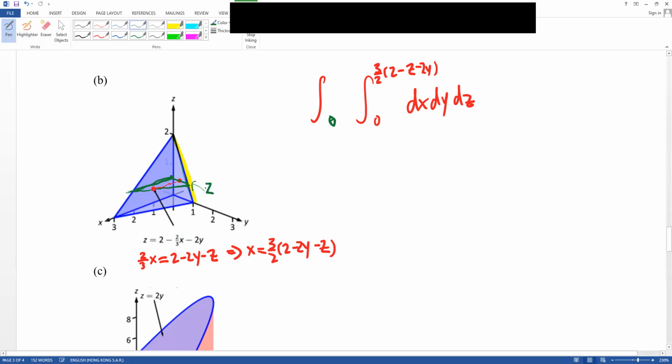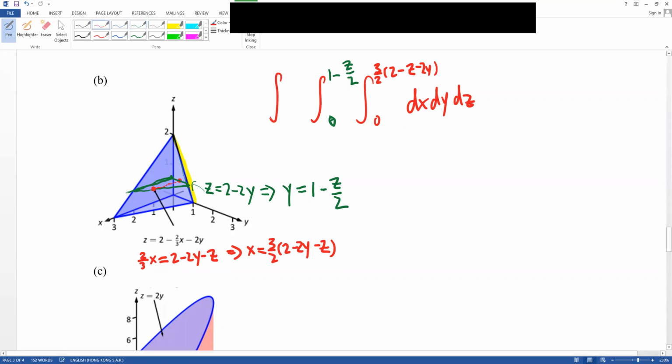So this is z equals 2 minus 2y. That means for a particular value of z, y is 1 minus z divided by 2. So that's why my upper limit is 1 minus z divided by 2.